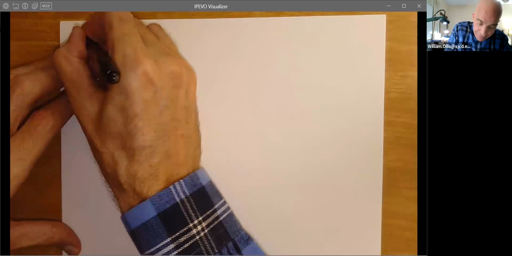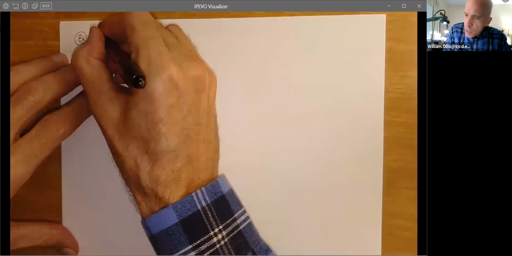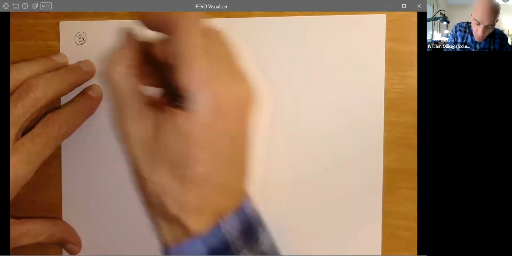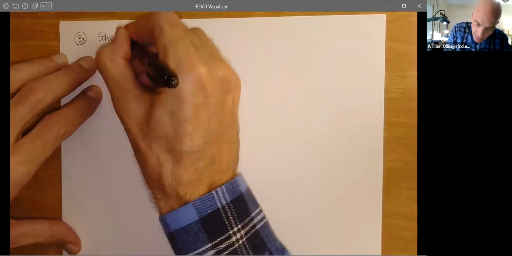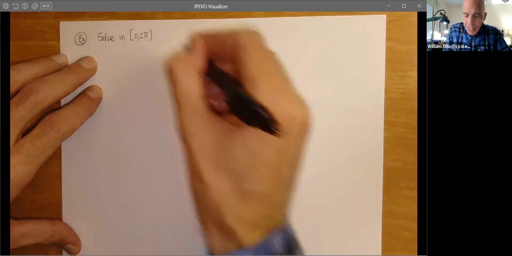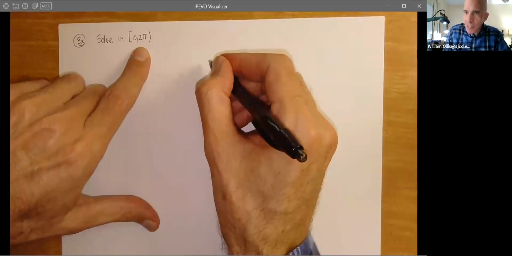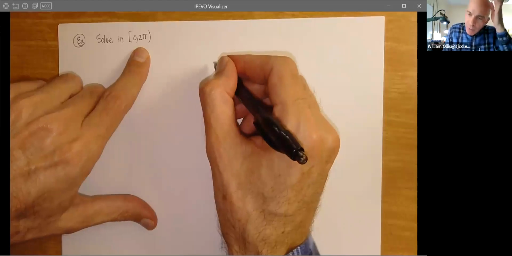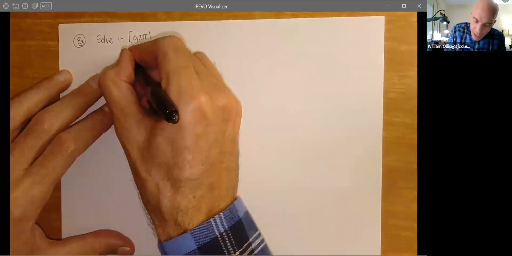Now, let's look at this. In this particular problem, I'm going to extend this to all solutions, but WebAssign, I think, said solve in this interval. So we have to do this anyway. If it's got sines and cosines or secants and cosecants, we have to do this anyway. Now, what I'm going to do is put in an example where we have two kinds of trig functions.